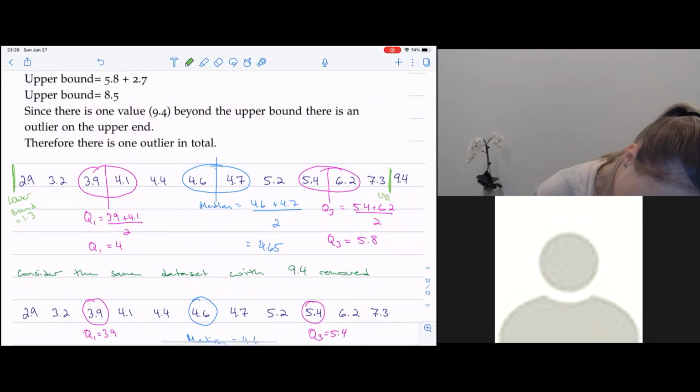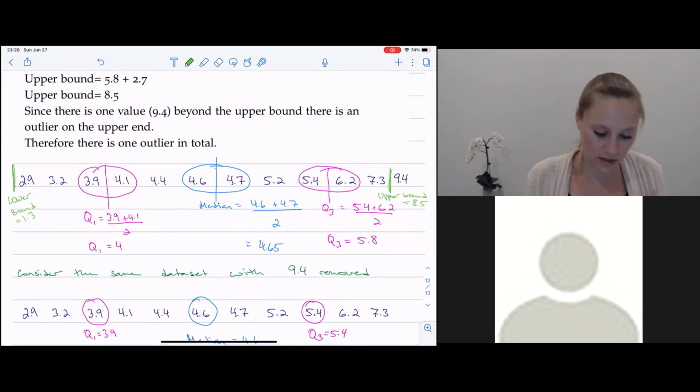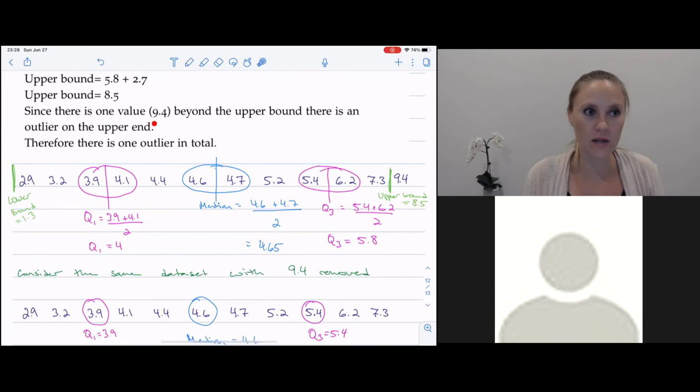So the upper bound is 8.5. Now, since there's one value, 9.4, beyond the upper bound, there's an outlier on the upper end. Therefore, there's one outlier in total.